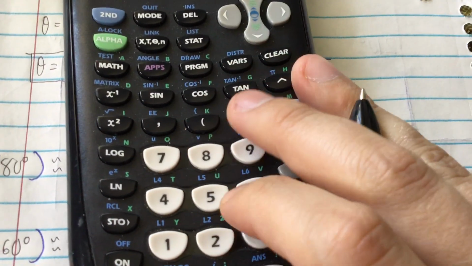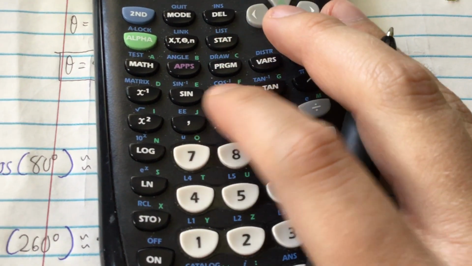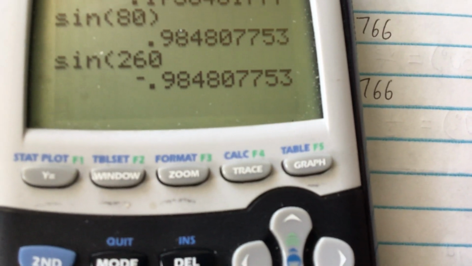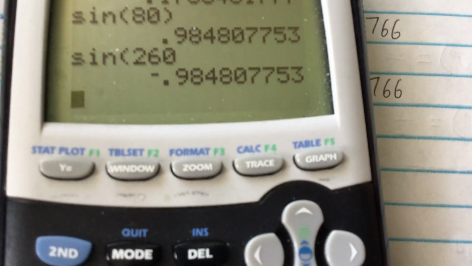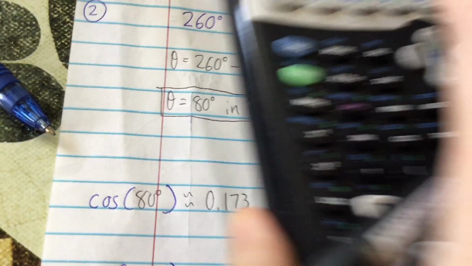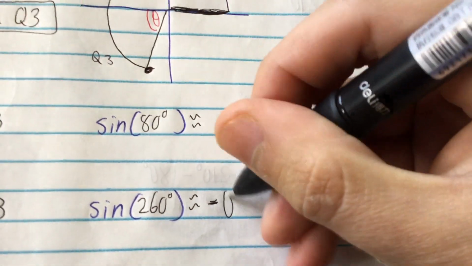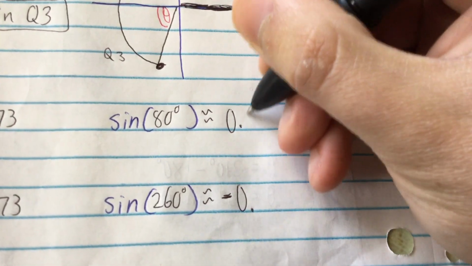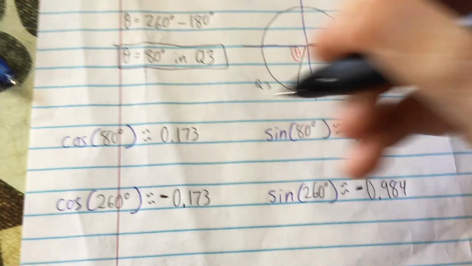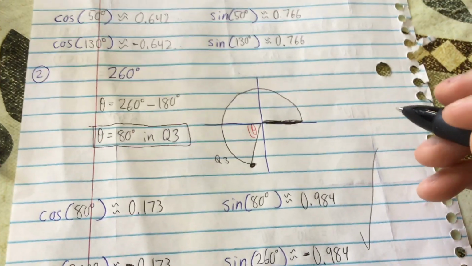So far, so good. Let me compare the sine of 80 with the sine of 260. The sine of 80 degrees is 0.984, and the sine of 260 degrees is negative 0.984. So that looks like a big old success to me.